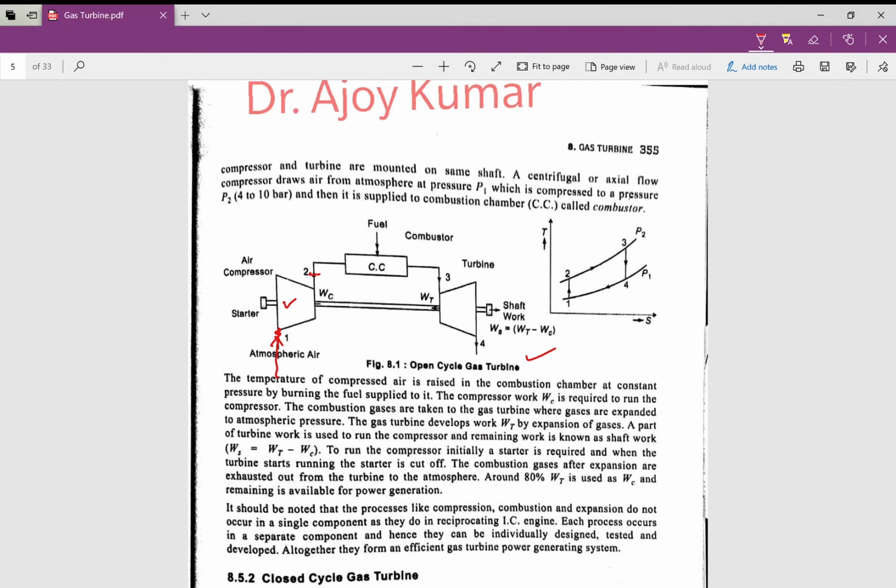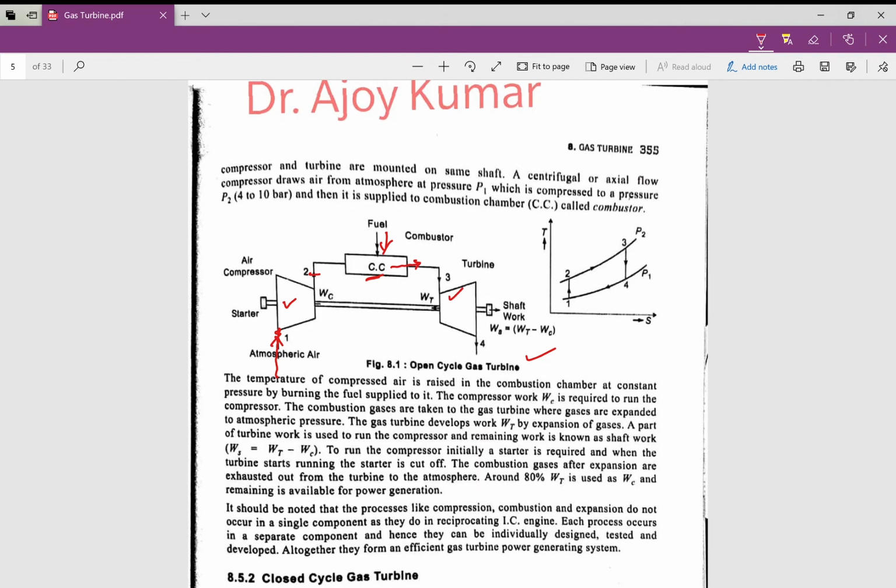This compressed air is supplied to combustion chamber. As we know, after compression of air, temperature becomes so high, and the moment fuel is injected, that air burns, and after burning, heat is produced at high pressure, and henceforth this hot air at high pressure is supplied to this turbine.